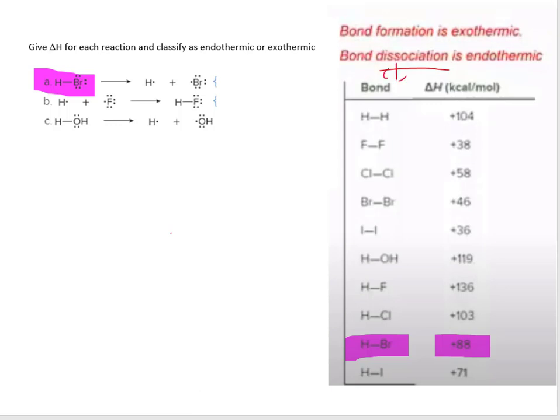That's cleaving or breaking. Because it takes energy, which is positive. It takes energy to break a bond. So that is what we're doing. We are breaking a bond. So we are cleaving it. We are dissociating it.